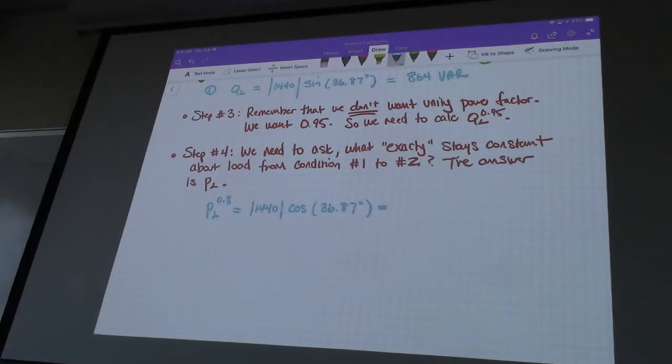The value that I got last time was 1152 watts. So this is what is going to remain constant. So now the equations that we're going to use to calculate the QL are going to be a little bit different. We know this.